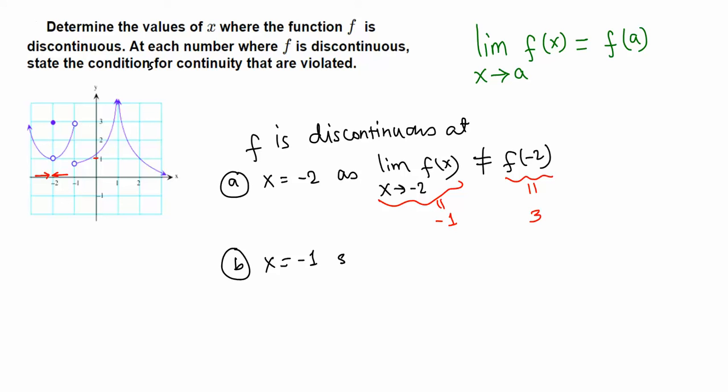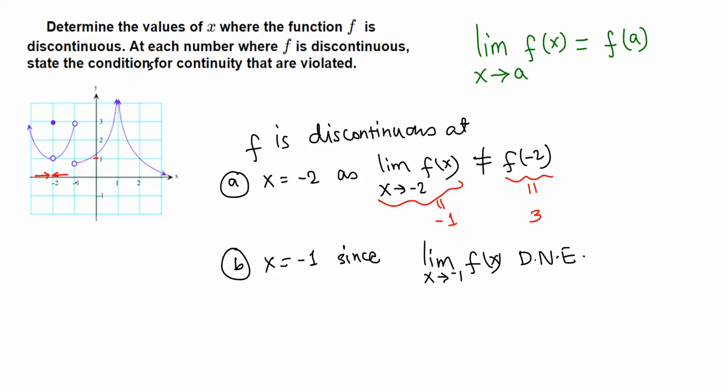Since the left-hand limit of the function as x approaches -1 is not equal to the right-hand limit, in short we can say the limit does not exist. Since the limit as x approaches -1 does not exist, it's already discontinuous.